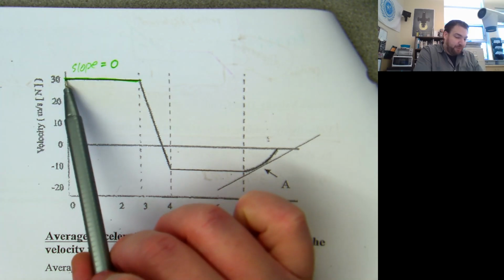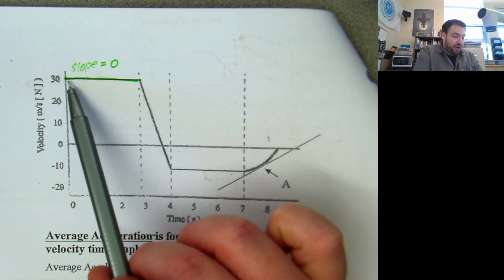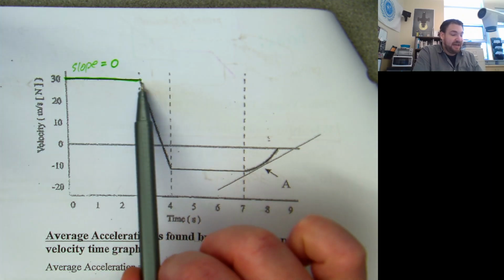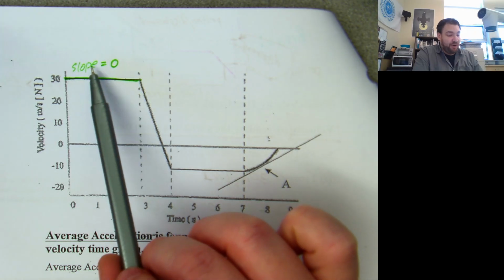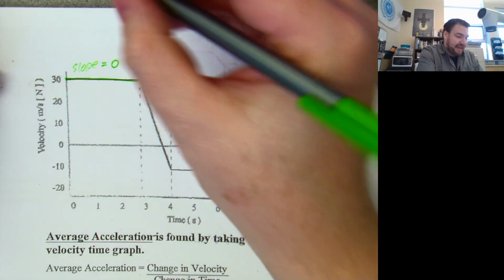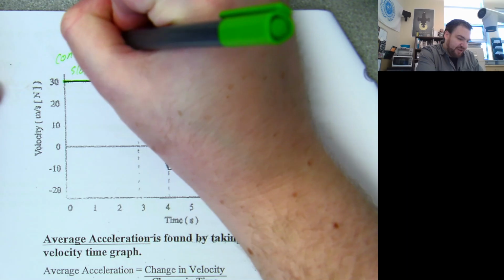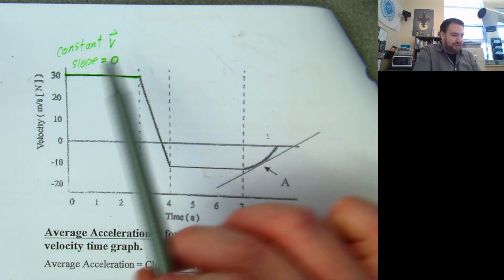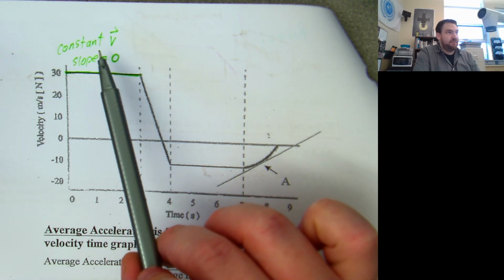On this portion of the graph, from 0 seconds to 3 seconds, our object has a velocity of 30 meters per second north the entire time. So if the slope is 0 on a velocity time graph, that's equivalent to saying we have a constant velocity, and we can read whatever that velocity is off the side. 0 slope is constant v.